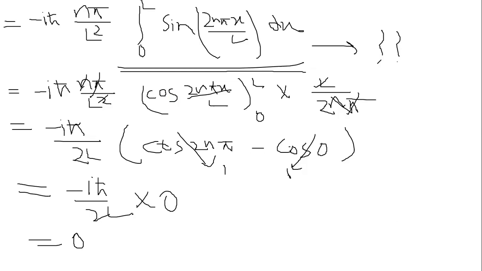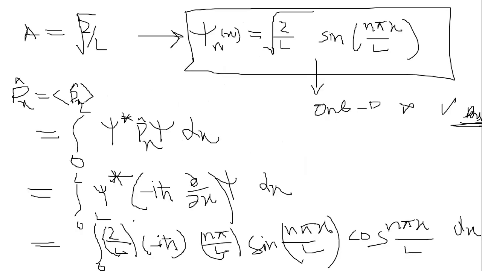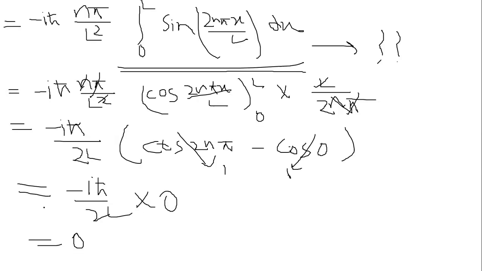So can anyone tell me what does it indicate physically? What is the physical significance of this result, when we calculate the expectation value of momentum in the one dimensional potential box for a particle and it comes out to be 0?